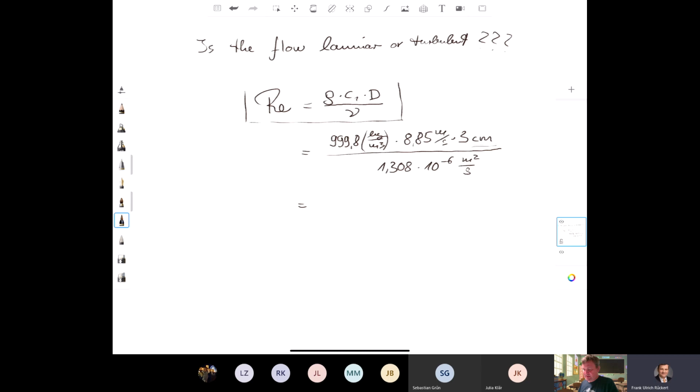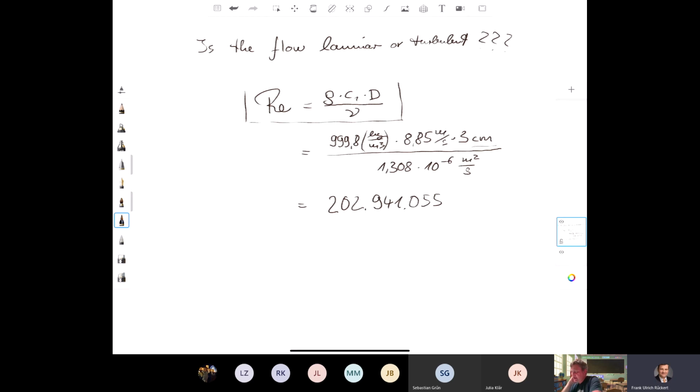Okay, and I have a really high Reynolds number. It is a really high value of the Reynolds number, but it depends on the really small viscosity.